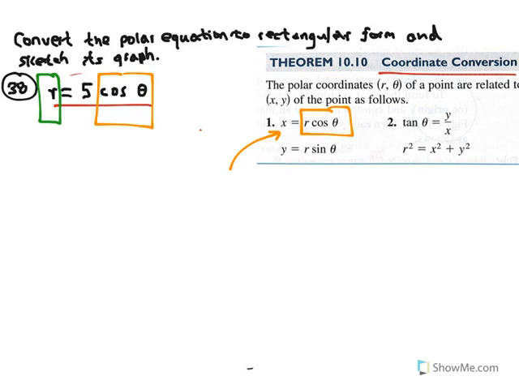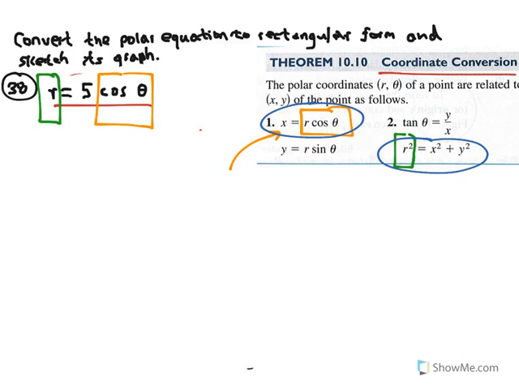If only we had r squared, we could replace that with x squared plus y squared. So we're missing a factor of r on each side of the equation, and if we had that factor of r on each side, we could use these two coordinate conversion equations to convert from our polar equation to a rectangular equation.